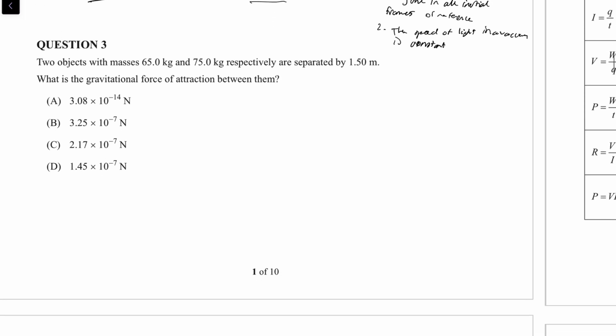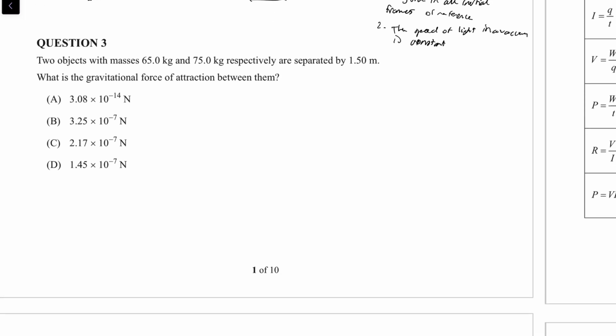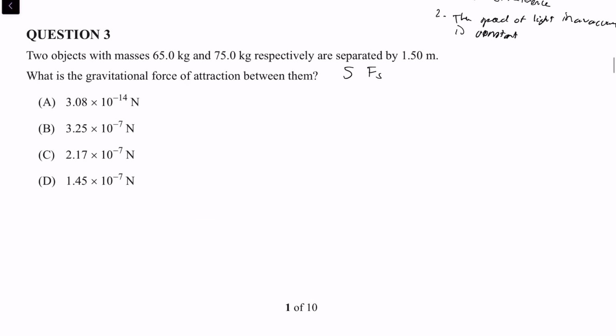Okay. Now, another tip I have, which really helped me get the result I got, was using this method called the 5 Fs, which was taught by my own physics teacher.